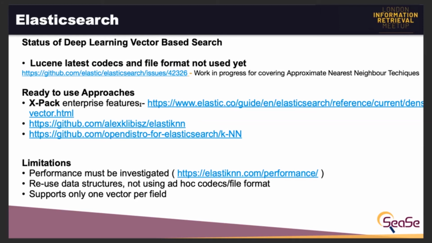There are also ready-to-use approaches, especially an XPack feature. So this is an enterprise feature, but gives you the possibility of using dense vectors, and a couple of plugins. This plugin has been contributed by the community, and they approach the approximate nearest neighbor problem in a similar way than the Solr plugins do.